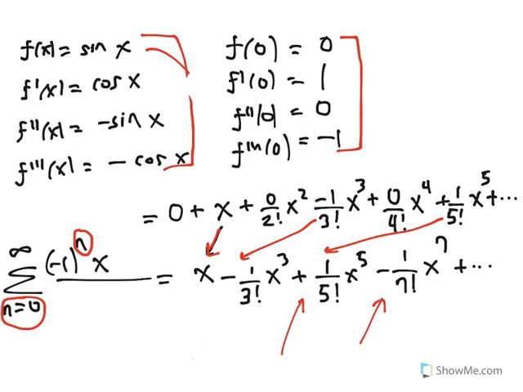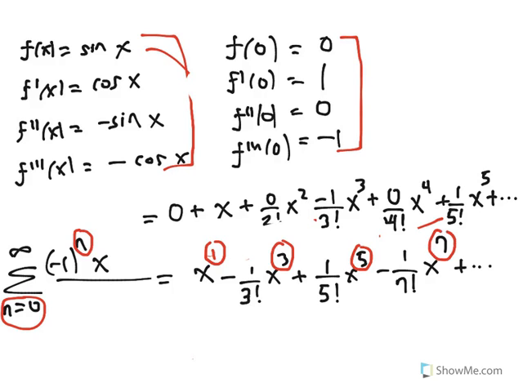One thing that you will observe is that as I go from term to term, the power that x is raised to is an odd integer. And you will also observe that in the denominator you have that same odd integer factorial. 1 factorial here, 3 factorial, 5 factorial, and 7 factorial.